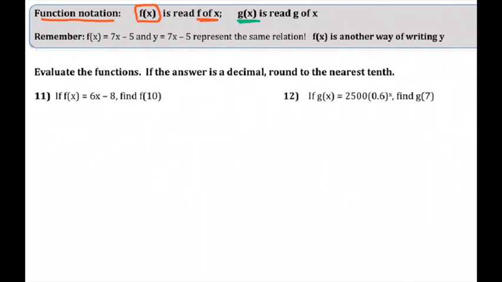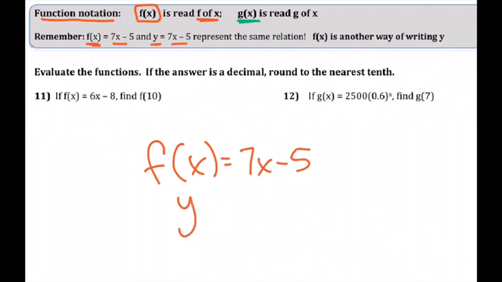And so we're going to talk about function notation. One thing that you know when you define this is f of x equals 7x minus 5 is exactly the same thing as saying y equals 7x minus 5. Now I know that for me, when I was in high school, that was terribly frustrating to me, because if these were exactly the same thing, I would rather just write y than f of x, and I thought it was stupid that we would have to write f of x.